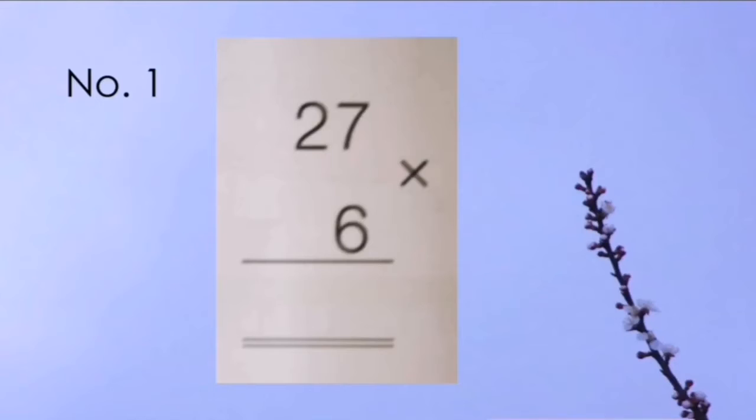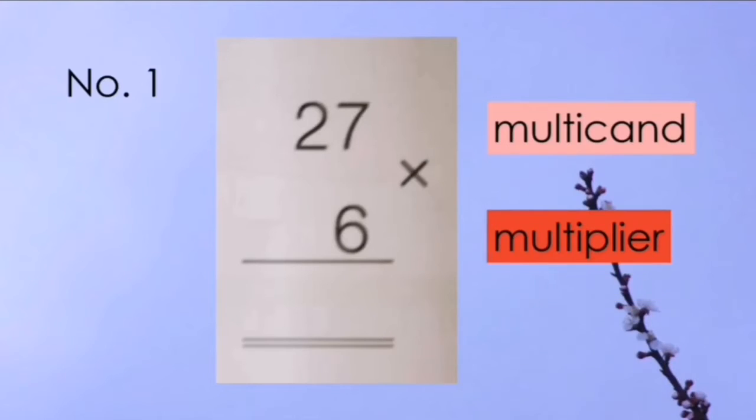The number above, we call it multiplicand. Please follow me, say multiplicand. Very good. The number below, we call it multiplier. Again, say multiplier. The answer is what we call the product. Again, say product.